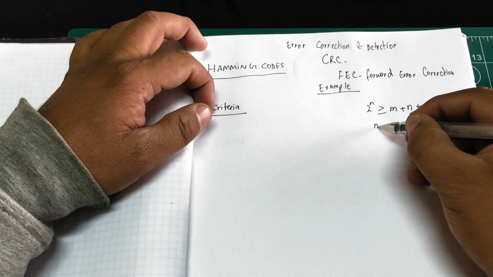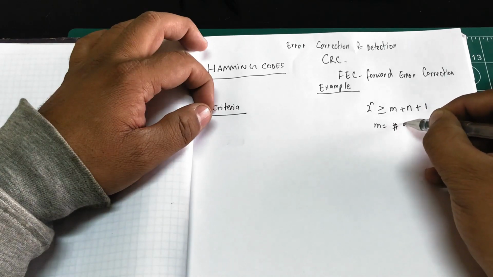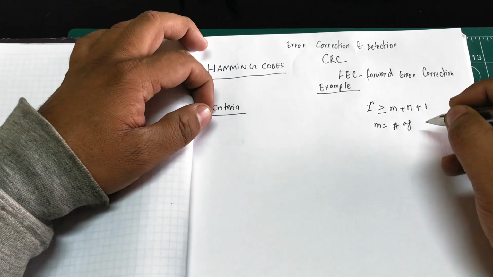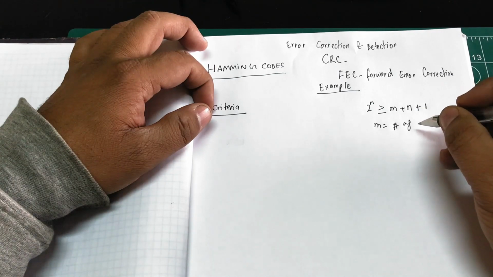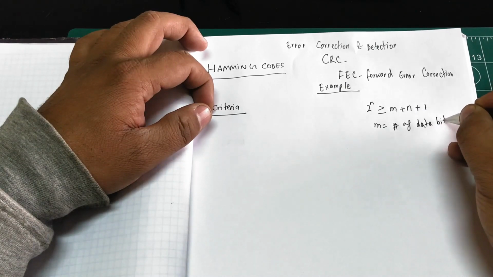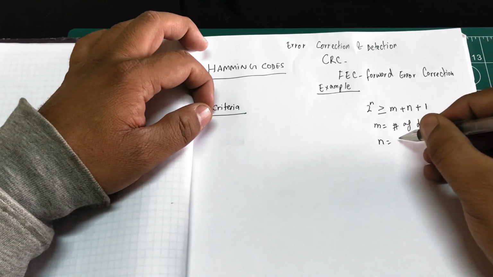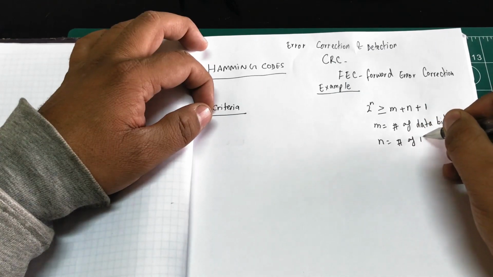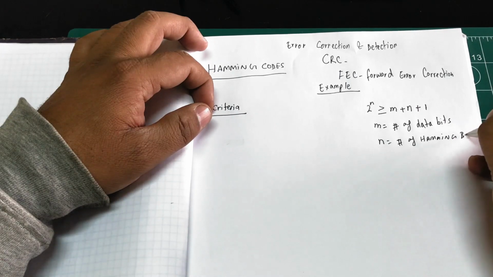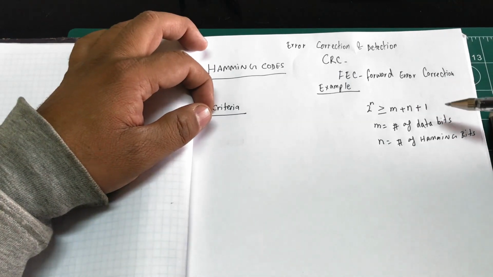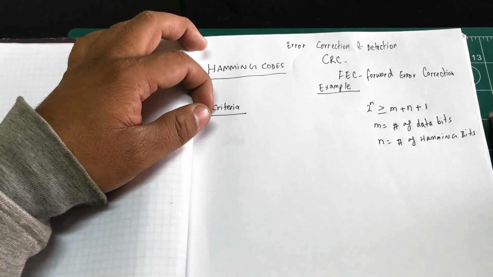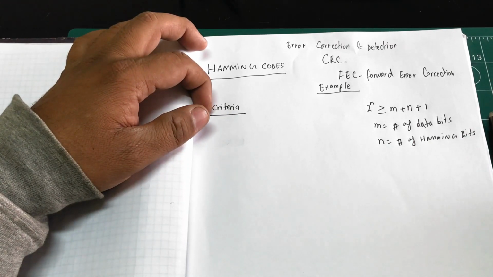Where m is the number of data bits, and n is the number of Hamming bits that we need to add in our data. These are the bits that I need to add to my data.